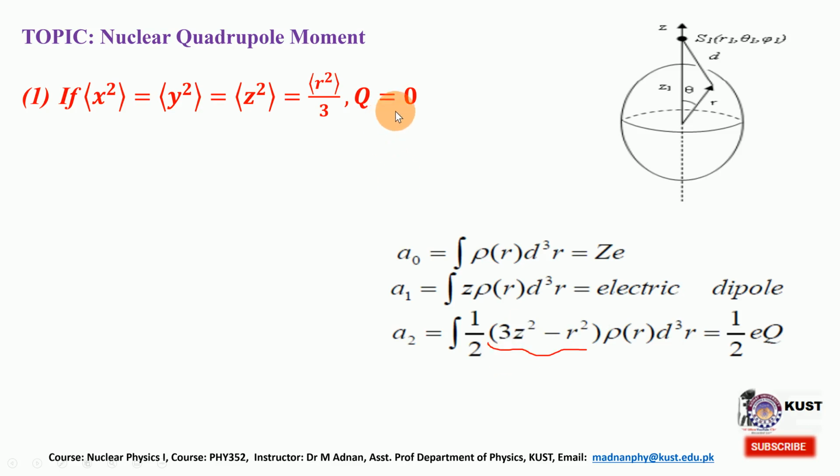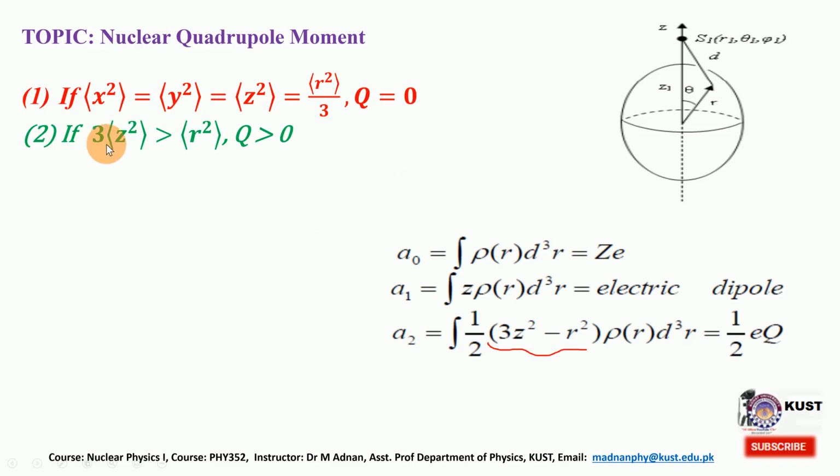So the quadrupole moment is 0 once we have spherical symmetry, that is, x square equal to y square equal to z square. So in that regard we will not be having any quadrupole moment once we have spherical symmetry possessed by those distributions, and those distributions are discussed inside the nucleus, that is, the nuclear charges, or we can say the proton charges, are distributed in such a fashion that it possesses that spherical symmetry.